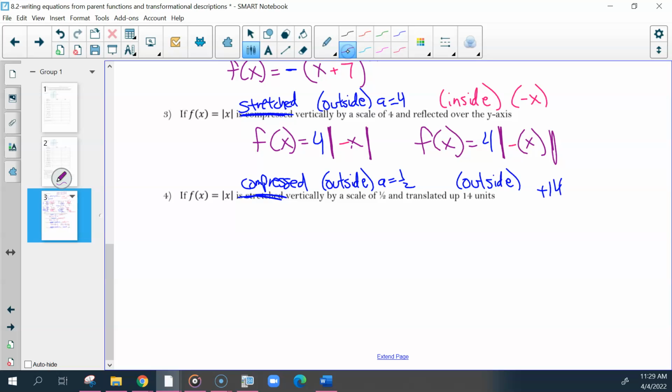So when we write this, we're not going to have really anything on the inside, and that happens sometimes. Sometimes you only have things on the inside and not outside. It just depends. We have f of x equals our a value on the outside, so 1/2, our absolute value of x, our parent function, with nothing on the inside, and then plus 14 on the outside. What questions do we have on that one?